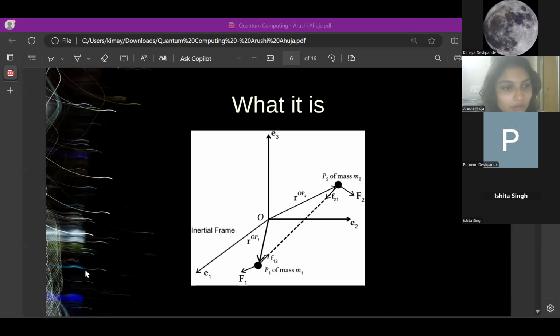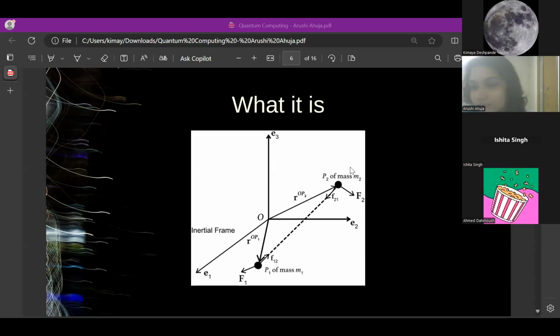Ishita is asking whether I would say quantum computing is related or relevant to computer science. I do think so, because I myself am more interested in computer science than physics, which is why I like quantum computing. It is related because you are learning a programming language such as Qiskit, which is from IBM.